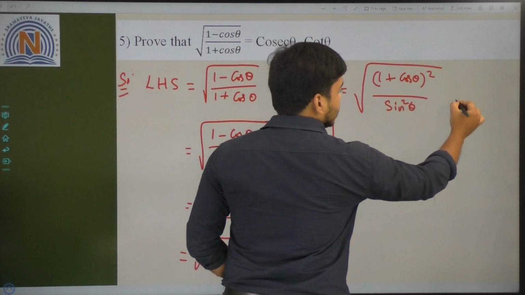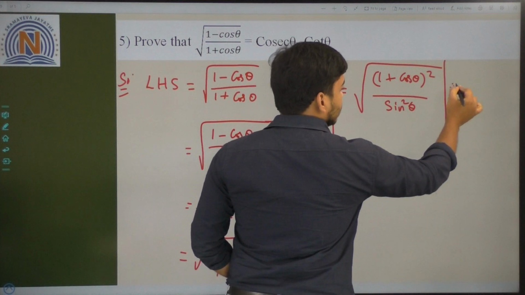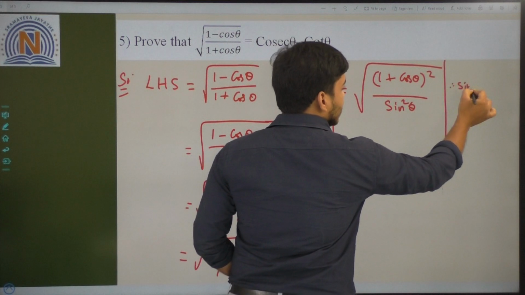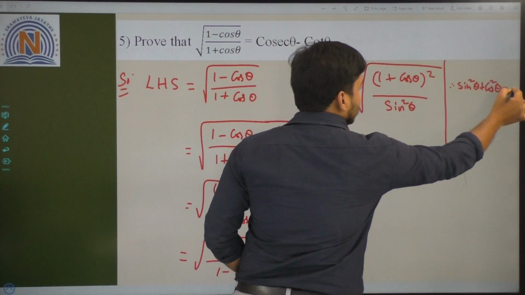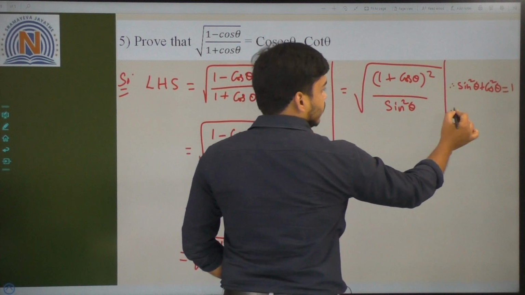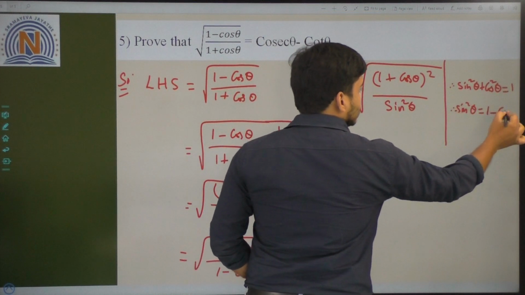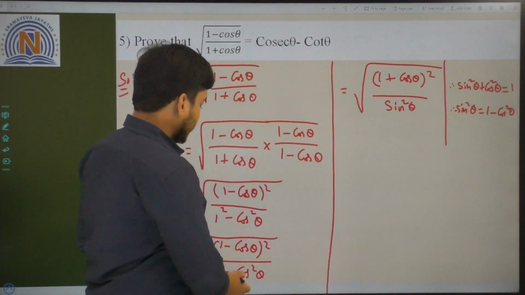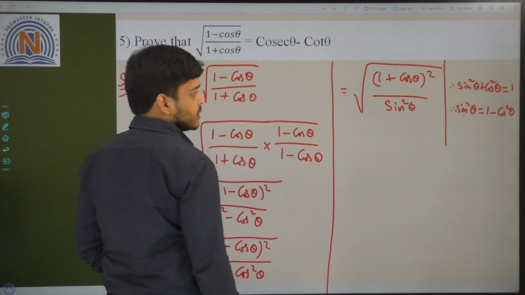How? See here children. Sin square theta plus cos square theta value is 1. Therefore sin square theta is equal to 1 minus cos square theta. So in place of 1 minus cos square theta, I'm substituting sin square theta.